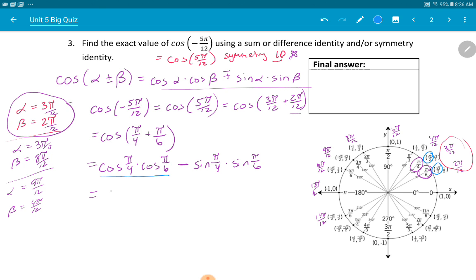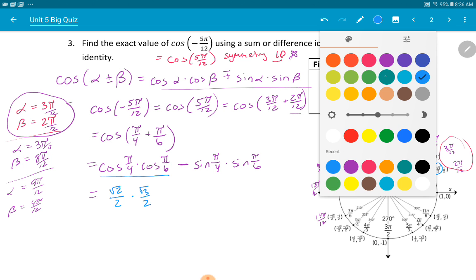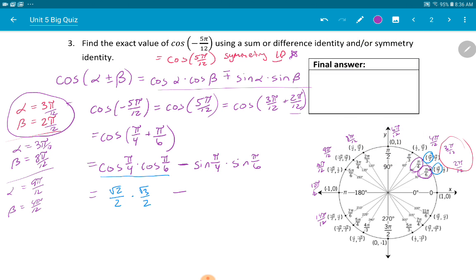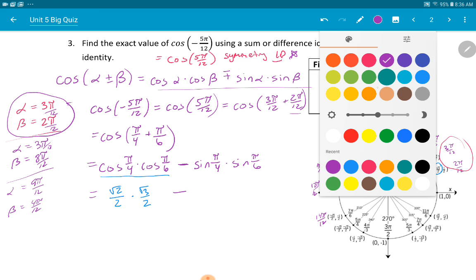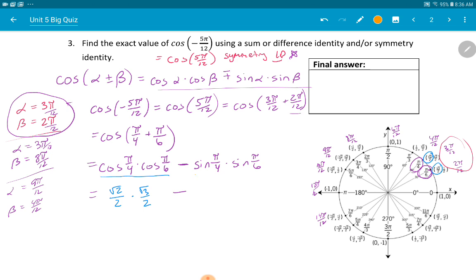So that's radical 2 over 2 times radical 3 over 2. And then for sine, I have this guy and this guy. So I have sine of pi over 4 is radical 2 over 2 times sine of pi over 6 is 1/2.